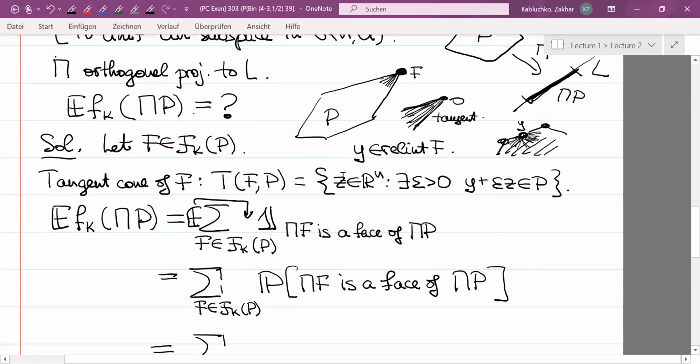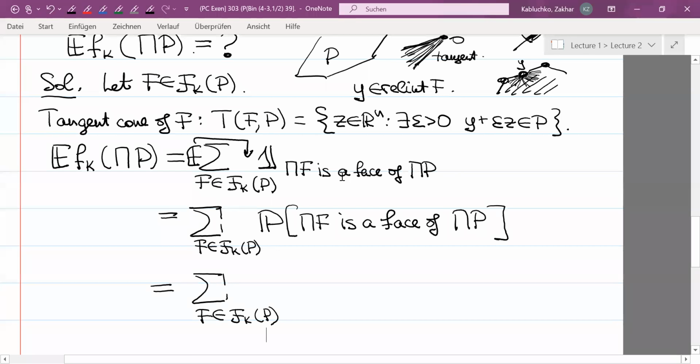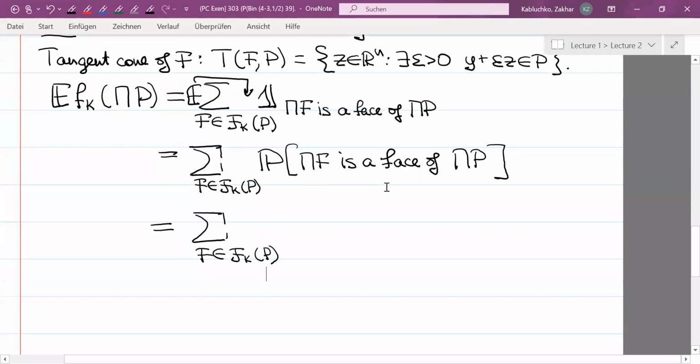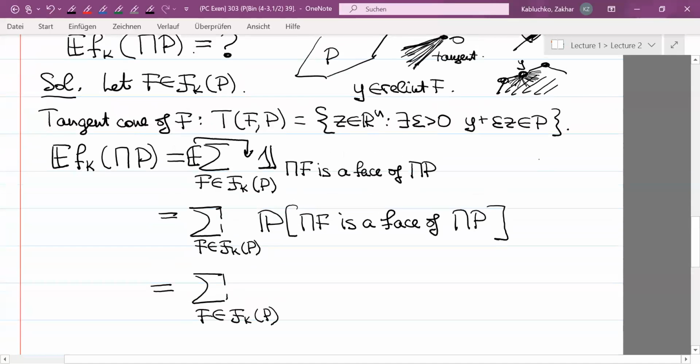So imagine we project onto a linear subspace L, and the direction in which we project is L orthogonal. The claim is that, let's look at this picture. So if this is a face, right, and we project somewhere in this direction, say, then it doesn't survive. If we project in this direction, it doesn't survive, right?